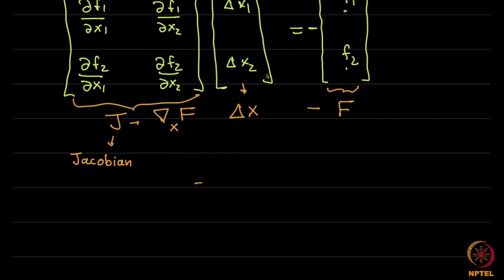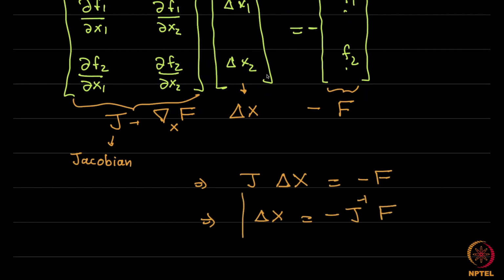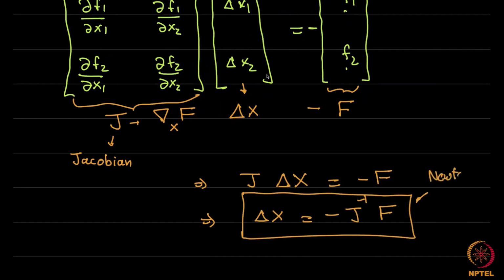So let's see what the equation becomes. This becomes J times delta x equal to minus f, which means delta x is minus J inverse f. So this is the Newton formula for a system of equations.